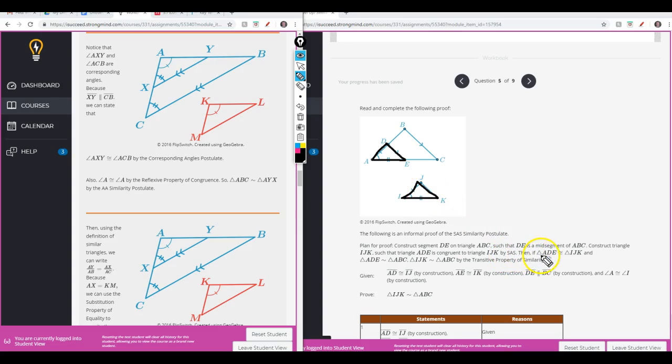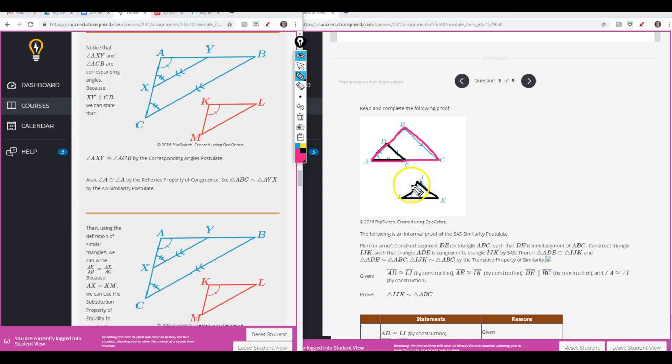Then if triangle ADE is congruent to triangle IJK and triangle ADE is similar to triangle ABC, okay, so triangle ADE is similar to triangle ABC, this larger one, and triangle IJK is similar to triangle ABC by the transitive property of similarity.